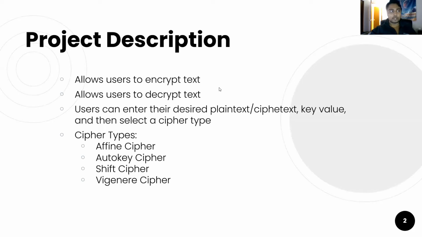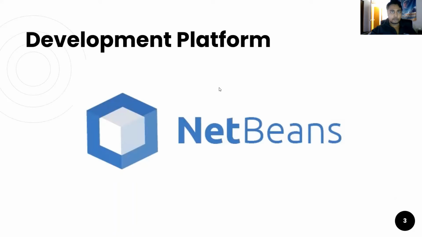Users are able to enter their desired text, select a cipher type, select a key value, and the application allows users to select from different ciphers, such as the affine cipher, the autokey cipher, the shift cipher, and the beginner cipher.